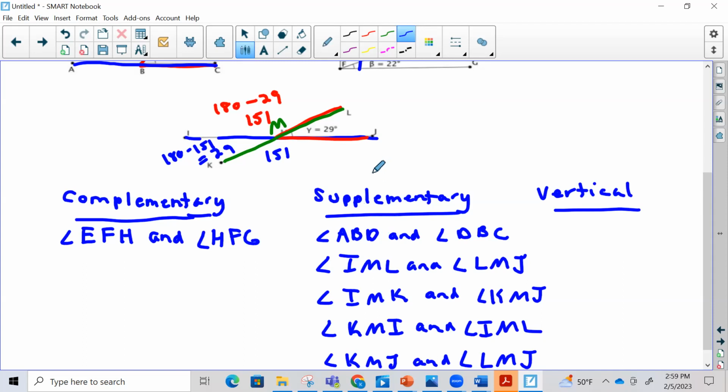And then our vertical angles are the ones, again, formed by intersecting lines. So it's just this third diagram, but they're across from each other. So it would be angle IML and angle, okay, so IML is here.